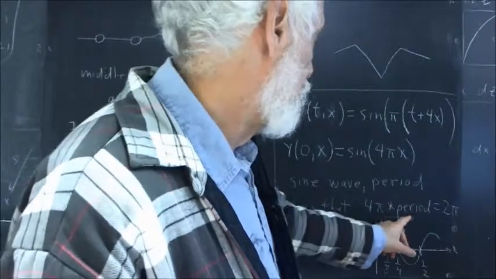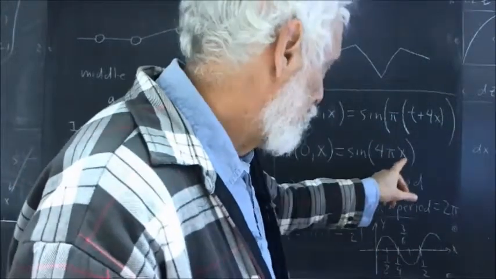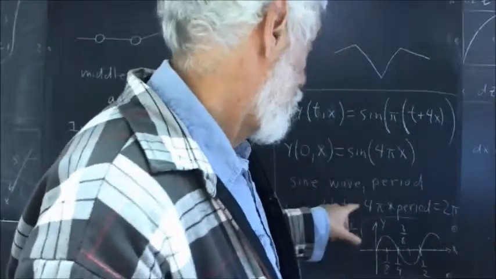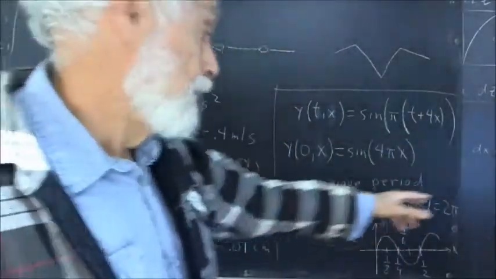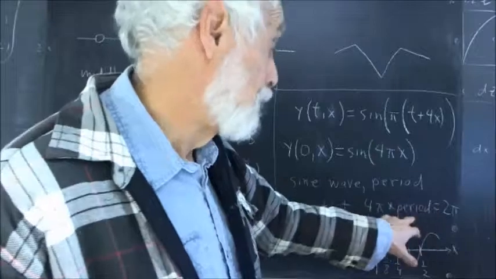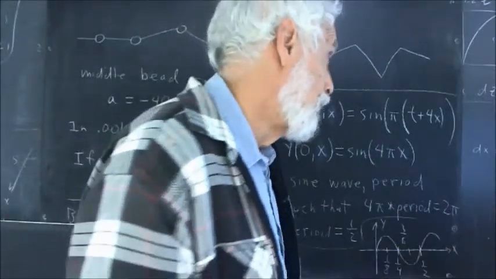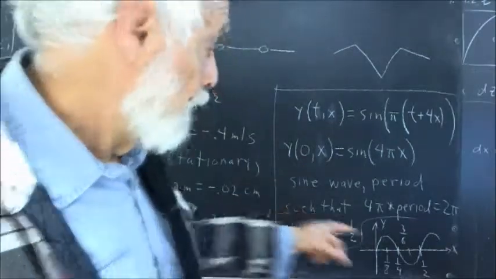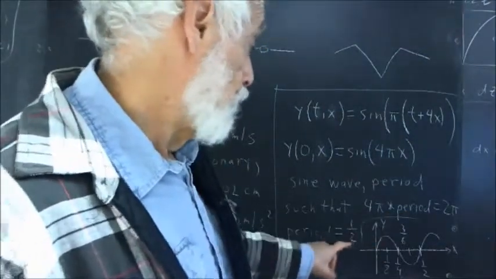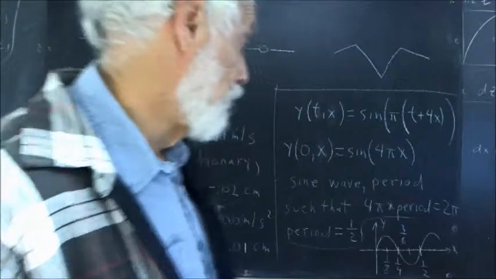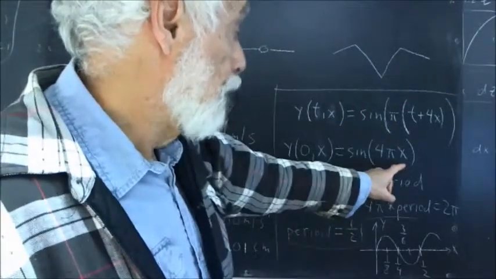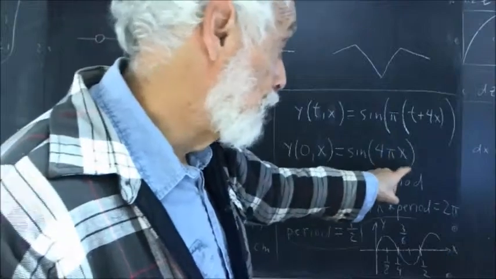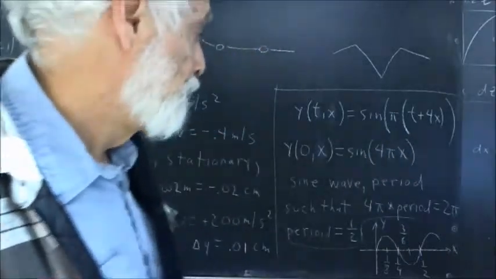So 4 pi times the period, being the change in x that drives this to 2 pi, gives us the means of understanding and calculating the period without having to resort to a formula that we're likely to mix up. The period then turns out to be 1/2, as we can easily see, and we can check that. If x changes by 1/2, 4 pi x changes by 4 pi times 1/2, which is 2 pi.